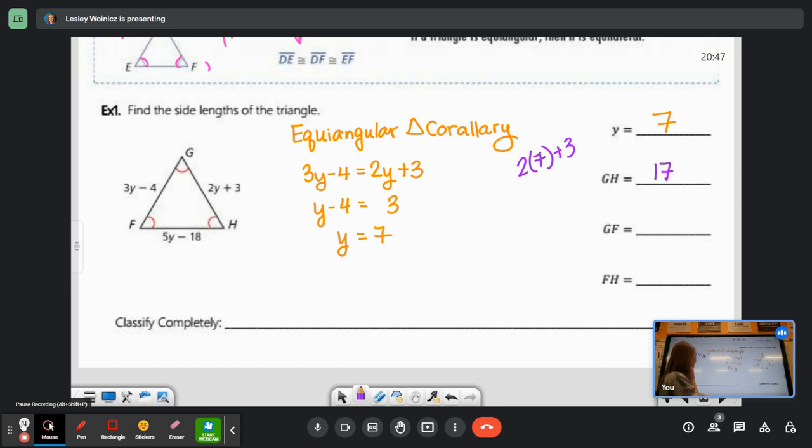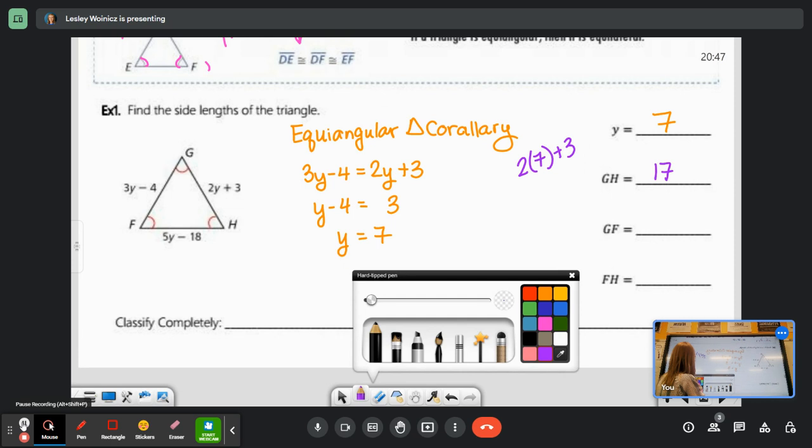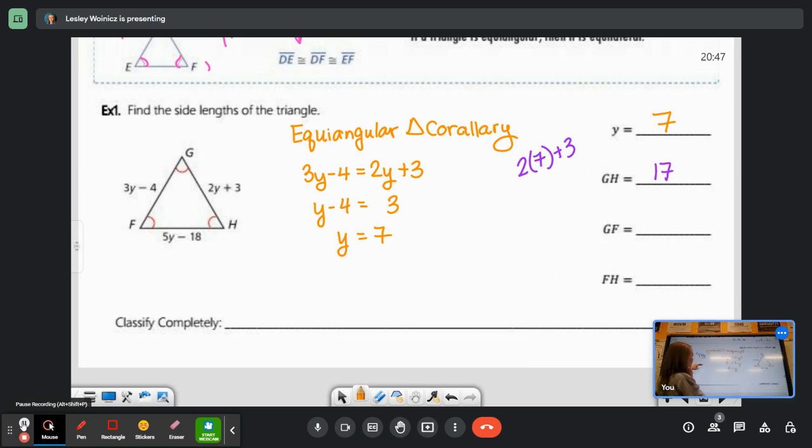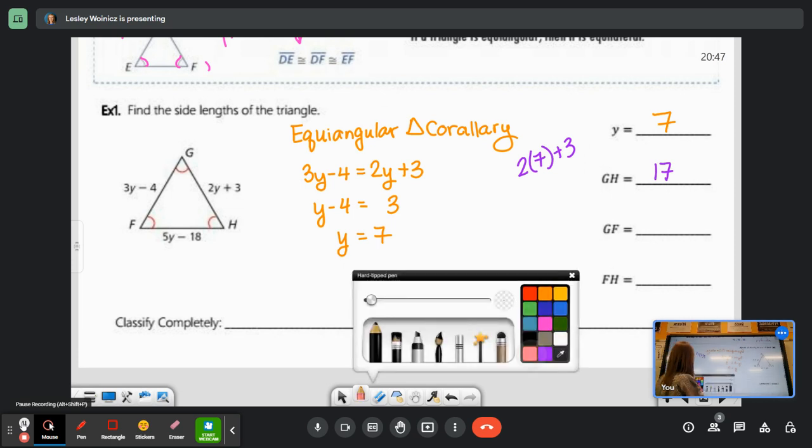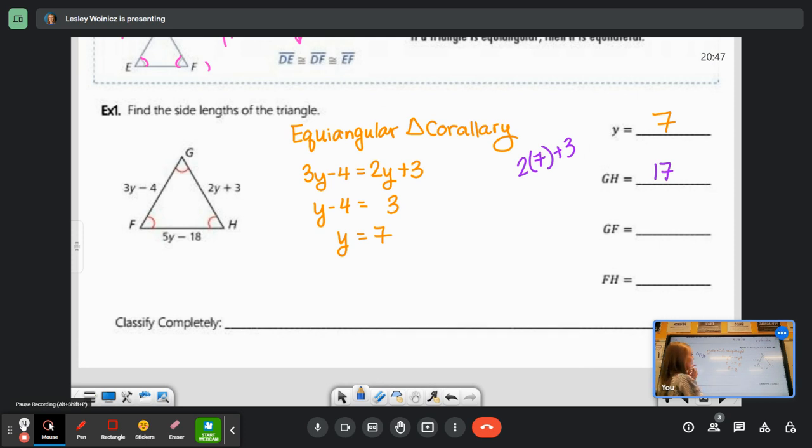Okay, let's go to GF. 3y minus 4, so 3 times 7 minus 4. 3 times 7 is 21, minus 4 is 17.